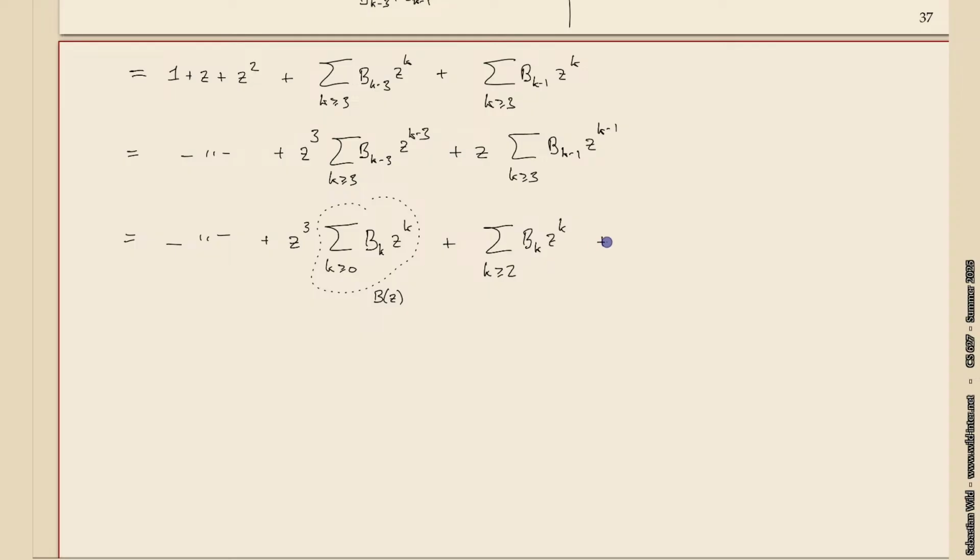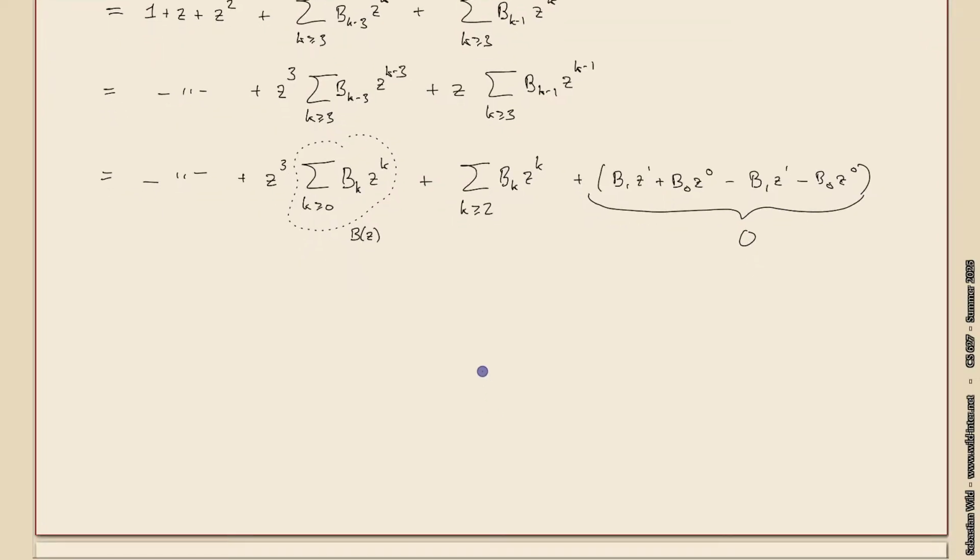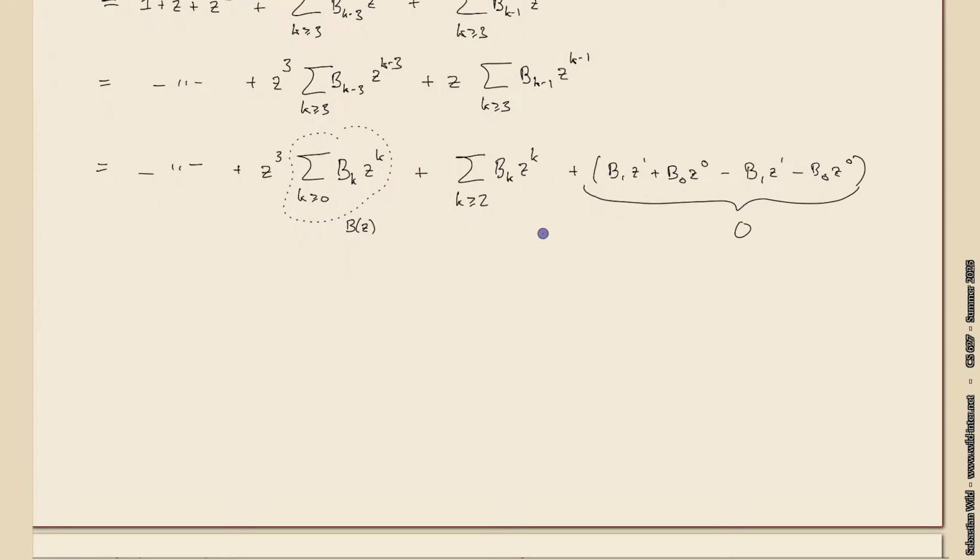So if you want, I can add 0 by saying I'm adding b2 z squared. Sorry, that one's there. b1 z to the 1, b0 z to the 0, and then subtracting the same thing again. All right, I'm adding 0. But then I can pull this together.